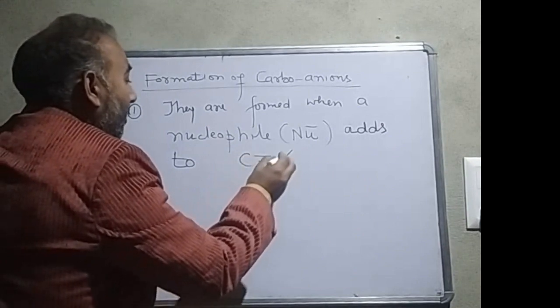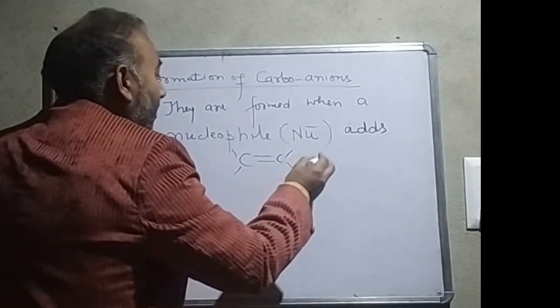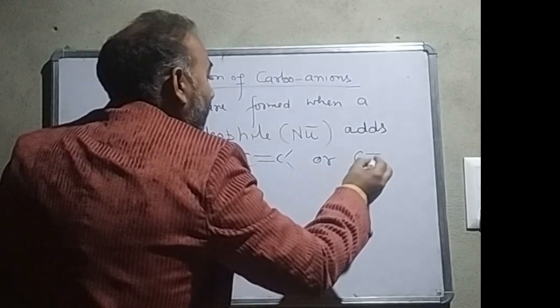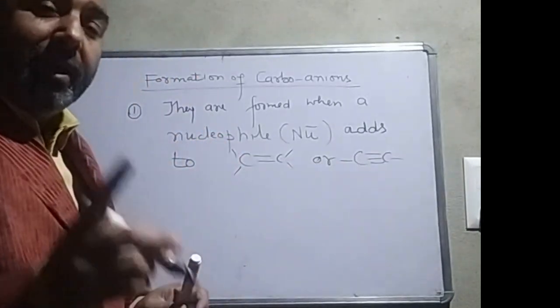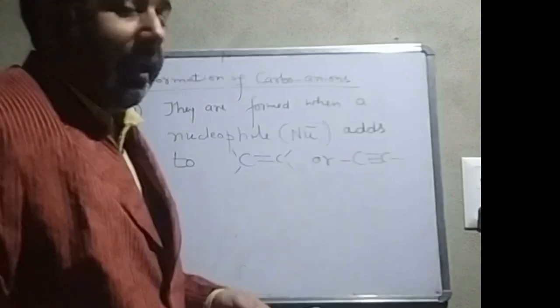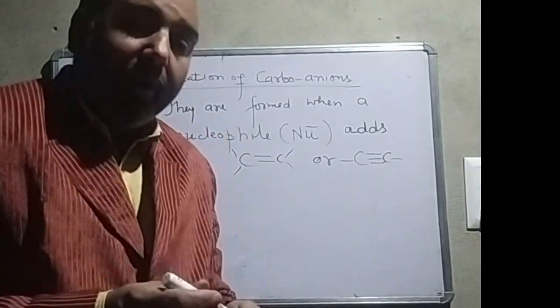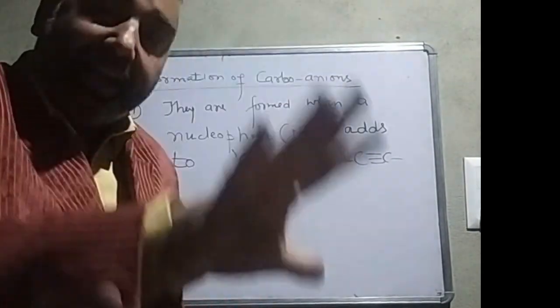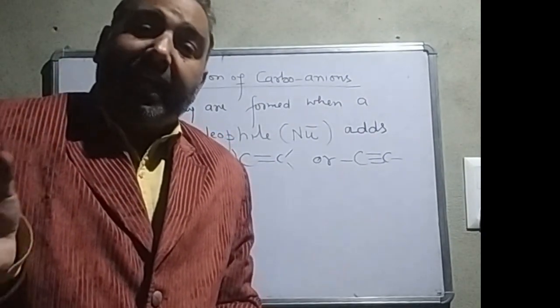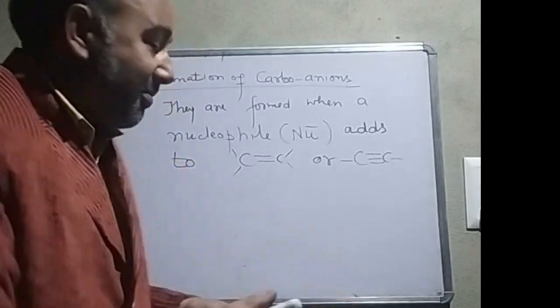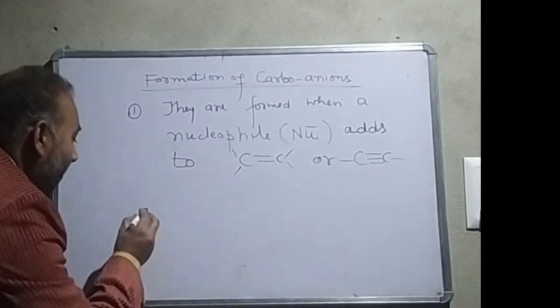carbon-carbon double bond or carbon-carbon triple bond. So in alkenes there is one pi bond, and in alkynes there is one pi bond. When a nucleophile attacks pi bond in alkene or alkyne, we get carboanions like this.